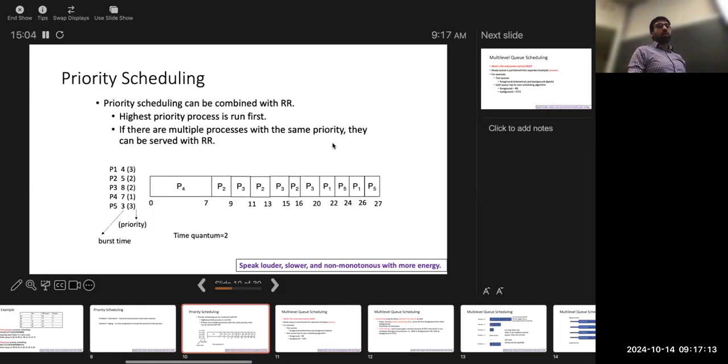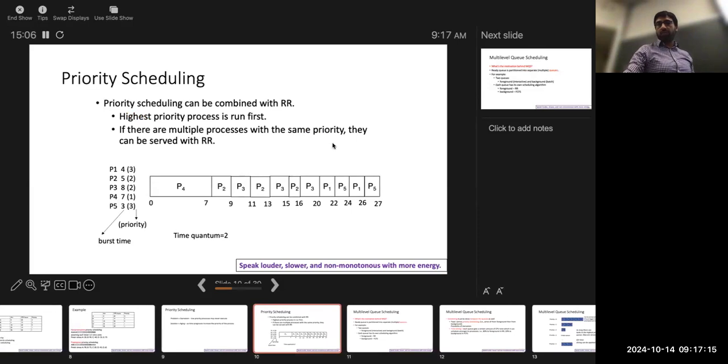Okay. I have mentioned this point that if you have, let's say, 1,000 processes in the ready queue, and you want to select the one which has the highest priority, you need to scan the whole queue of ready processes, which can become expensive depending upon the length of your queue.